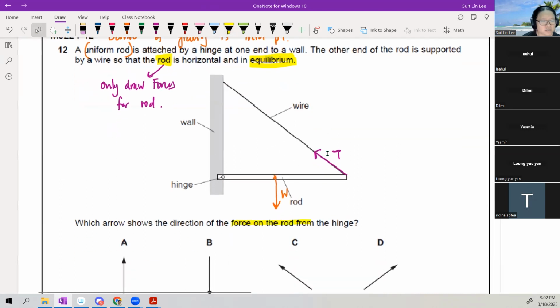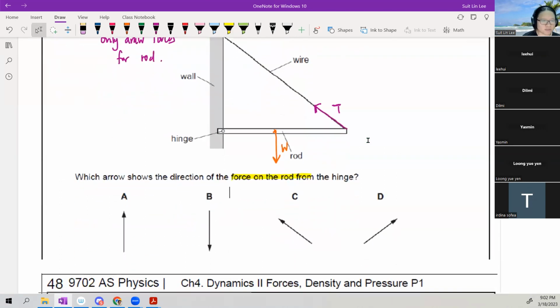Okay. So here's a few comments. Number one, this tension, once I resolve into two, I realize that there is nothing to balance this force. This one is just chilling here.